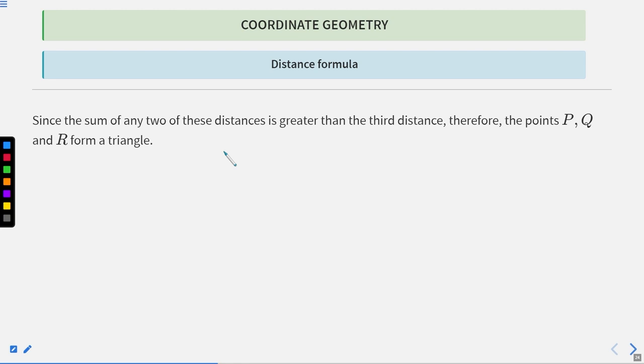Okay, so if we first find the distances PQ, QR, and PR, and if we take the sum of any two of them and get a value greater than the third distance, then these 3 points PQR form a triangle.